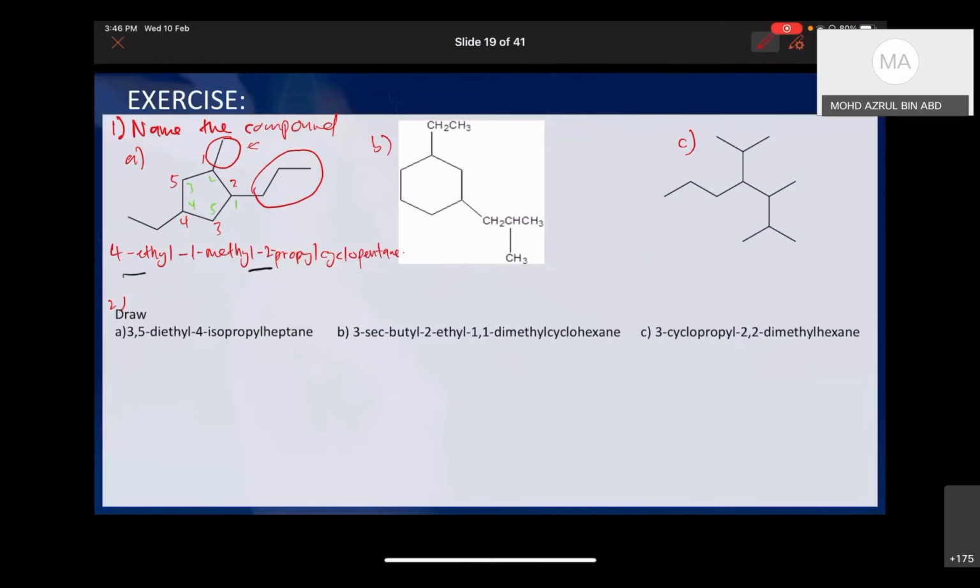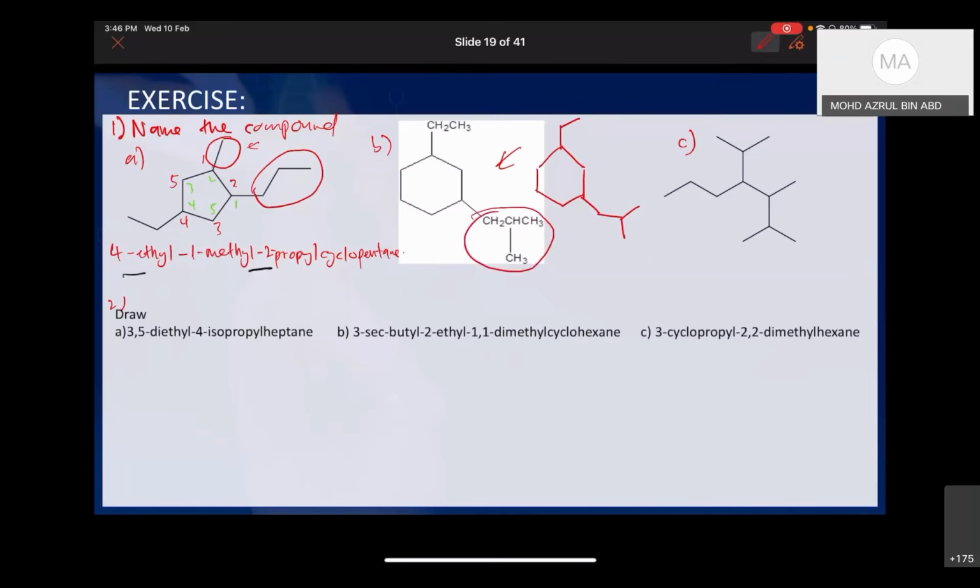Okay, correct. How about this one? Compound number B. For compound number B, I can redraw this structure like this. This one is 1, 2, 3, and 4. So what is the name of this substituent?